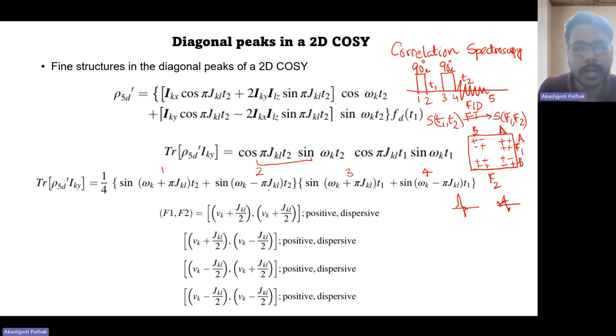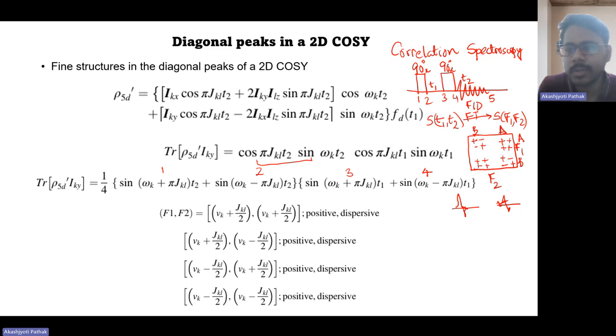If you observe this equation very carefully, you will see that all these are sine terms, and you have 4 different terms. These 4 different terms will lead to 4 different peaks. That is what I was explaining previously, that if you look at the fine structures observed in the diagonal peak of a 2D COSY, you will see there are 4 different peaks.